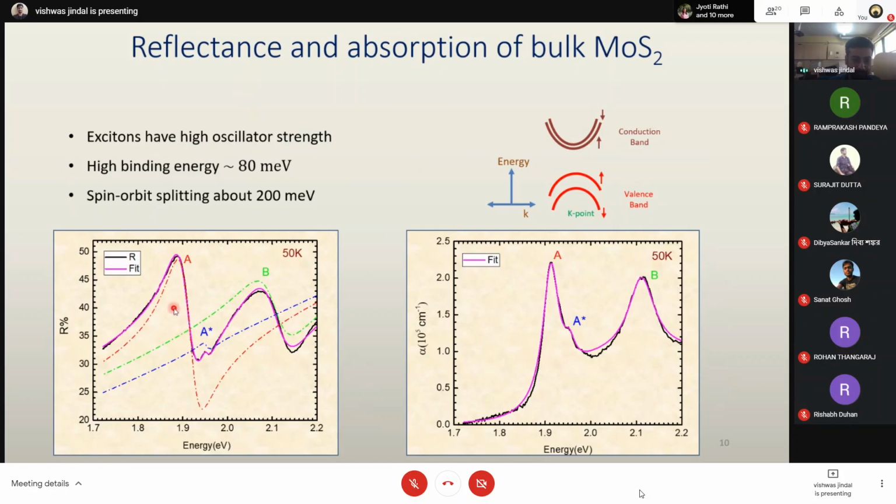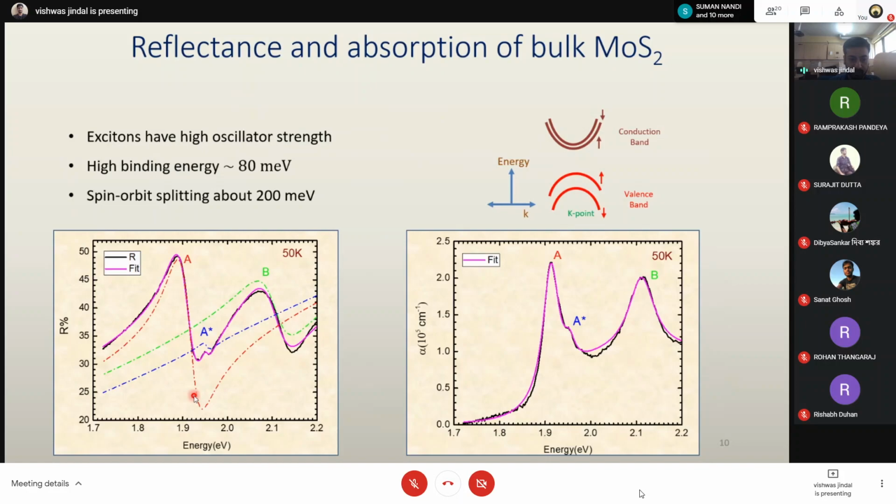There was one peak which was very small, but here you see such intense peaks, which you can again simulate using that Lorentz oscillator model, and you get that there are 3 excitons present that you can see even in reflectance. So from here you can say these have high oscillator strengths. That's why you are seeing such intense peaks.